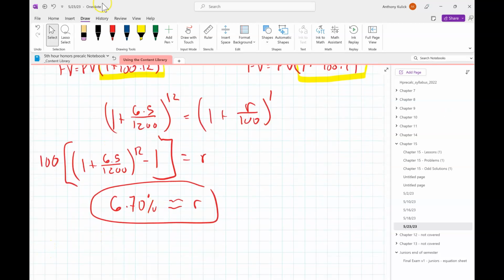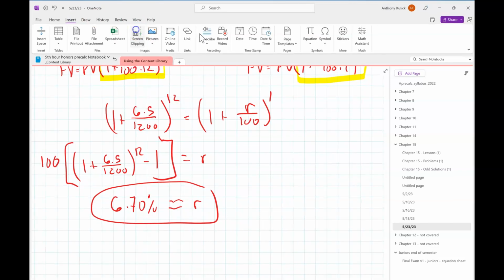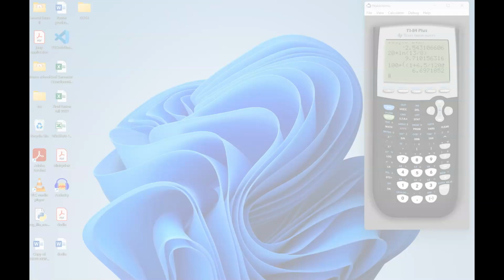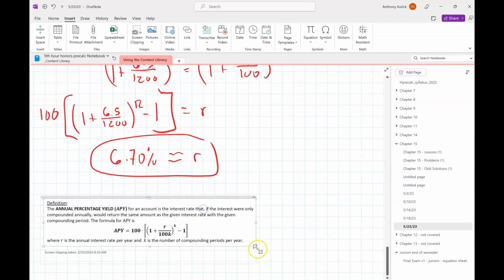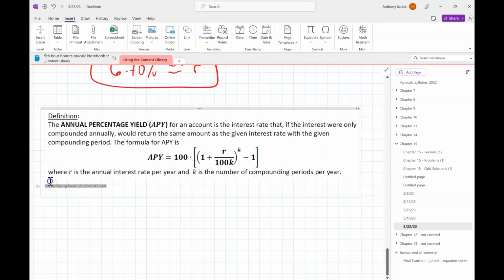And this idea actually just turns into a definition then. So this idea of, what is the interest rate in a given situation if I convert that to the equivalent annual interest rate, is what we call APY, or the annual percentage yield.